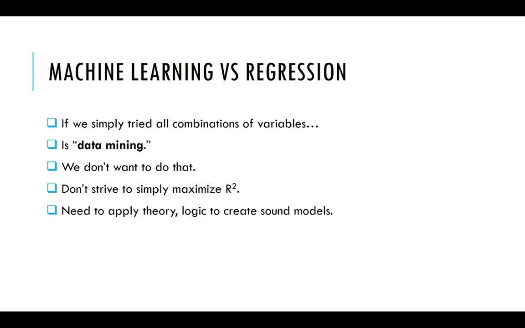We have to create sound models, whereas with machine learning, it's just trying every combination, trying to see what sticks. It's not an art form like having to sit down and think about what might really matter in a regression equation. So hopefully that helps you distinguish between machine learning versus regression.